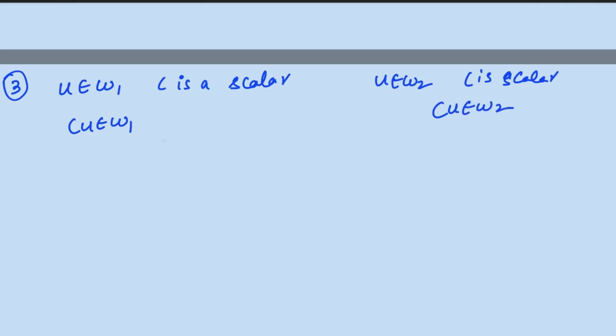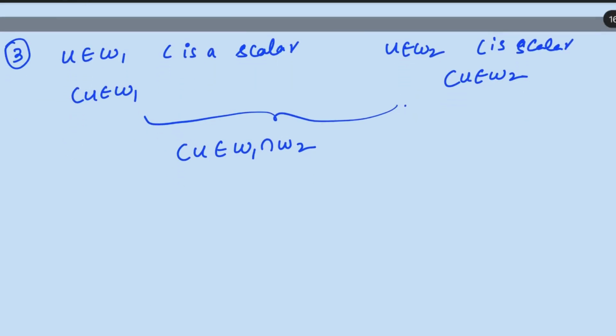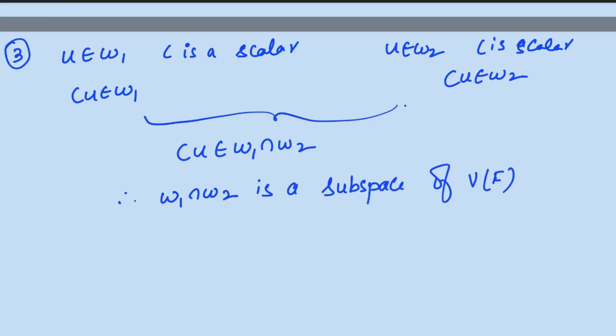If cu belongs to W1 and W2, by this combination I can write cu belongs to W1 intersection W2. So all the properties of subspaces are satisfied. Therefore, W1 intersection W2 is a subspace of the vector space.